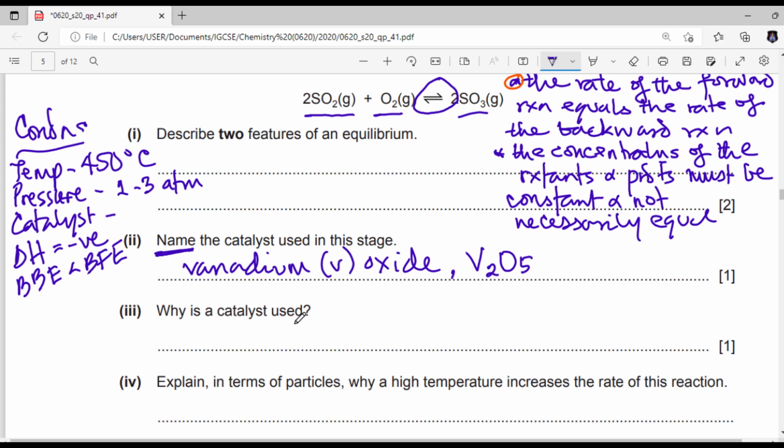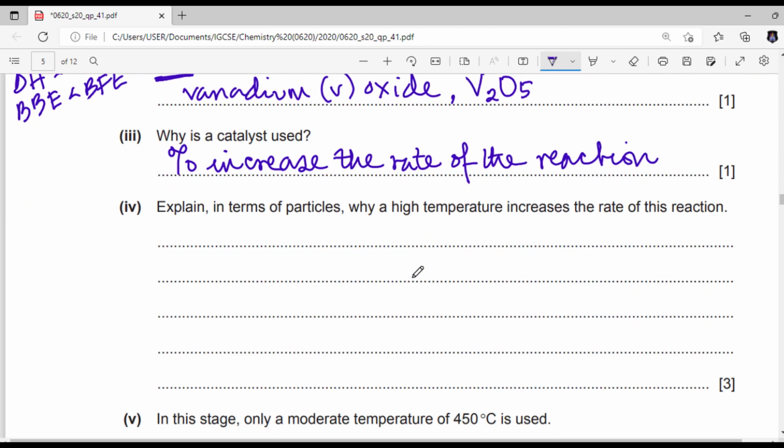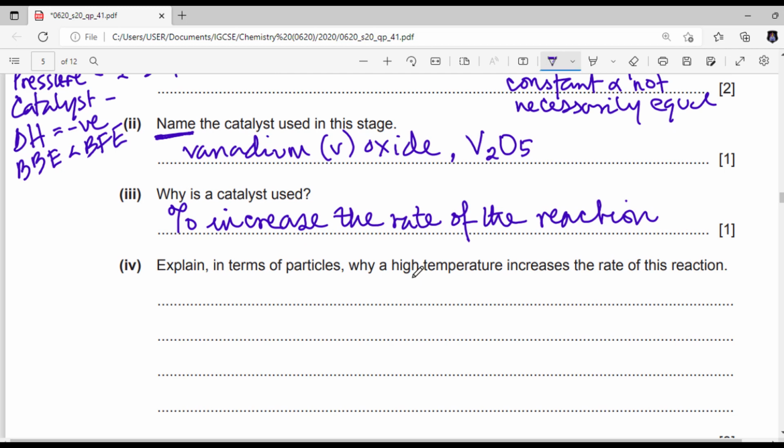And you see vanadium 5 oxide is a positive catalyst, means that it will increase the rate of the chemical reaction. To increase the rate of the reaction, the rate of the chemical reaction.